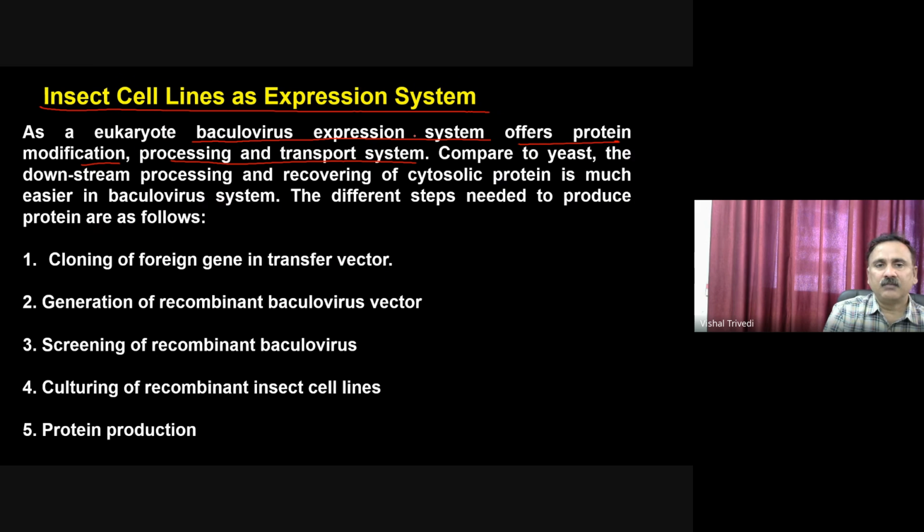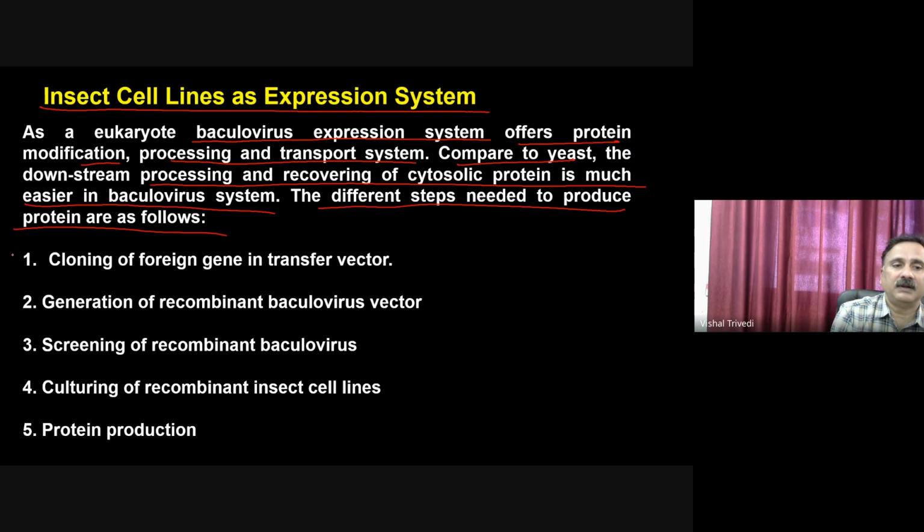Its protein modification and processing abilities in some cases are different from the mammalian system. Compared to yeast, the downstream processing and recovery of cellular protein is much easier in the baculo system, right? But you require a much more complicated procedure for the protein to be produced.